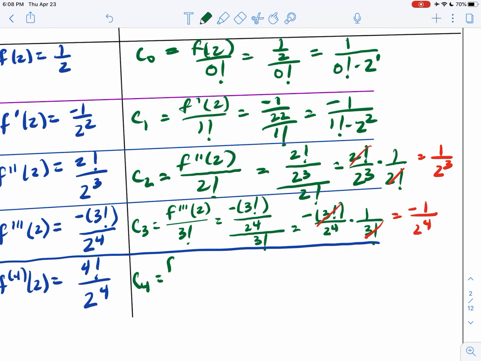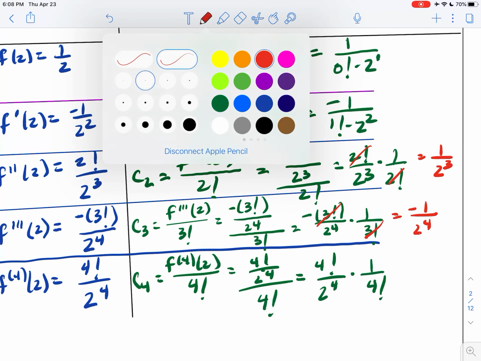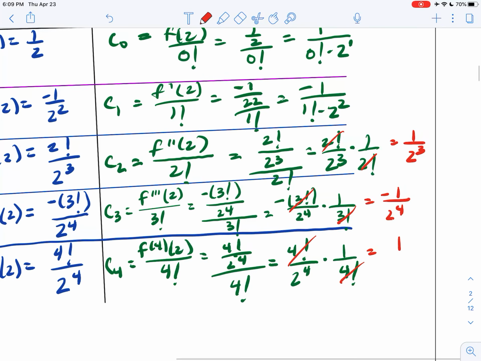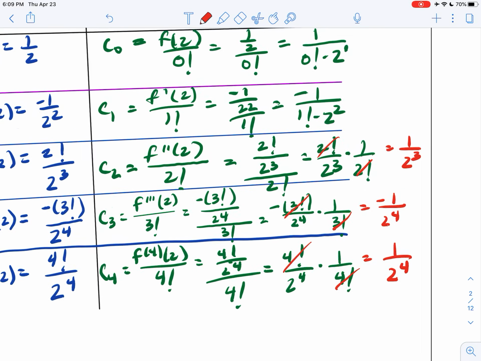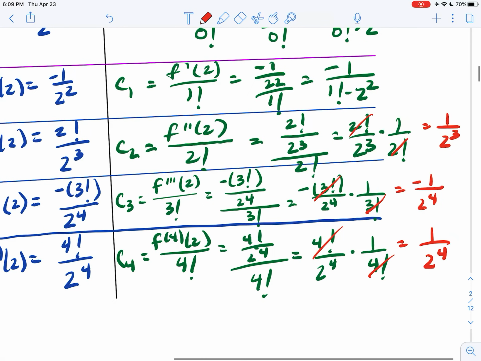And then finally, hopefully we can establish a pattern here, the fourth derivative evaluated at 2 over 4 factorial is going to be 4 factorial divided by 2 to the fourth divided by 4 factorial, which is, division is multiplication by the reciprocal, and I can cancel my 4 factorials, and I end up with 1 over 2 to the fourth.